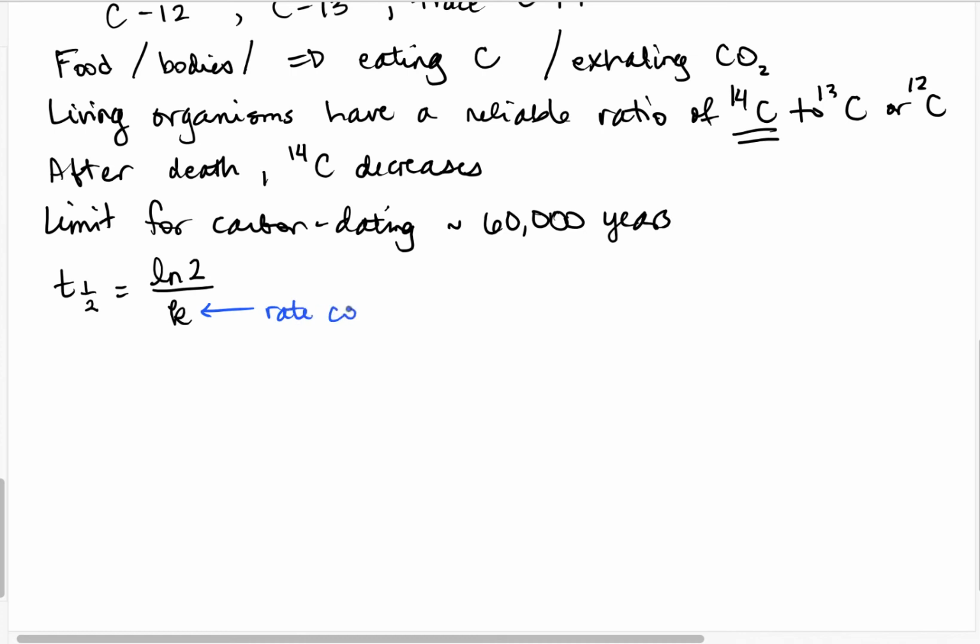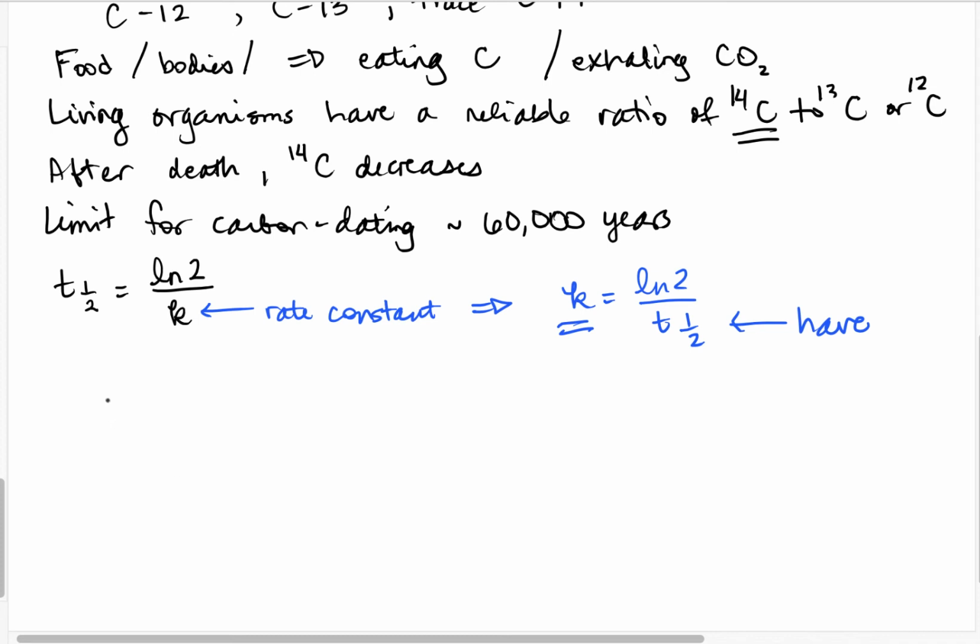And the rate constant has to do, naturally enough, with how fast these decompositions happen. So that means that we could rearrange this equation and say k is equal to natural log of 2 over the half-life. Because most of the time we have these half-lives, or we can look them up in tables. So we can get these values for the rate constant.